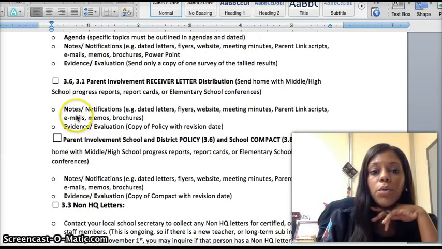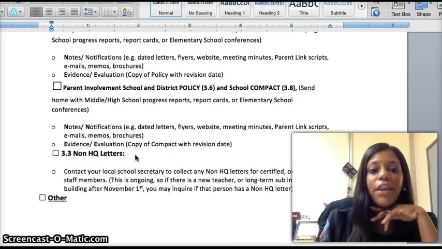Again, notes that you have or evaluations and evidence that you actually sent out those 4 documents will be the receiver letter. Also, your parent involvement school policy and the district policy will need to go into section 3-6 of your parent information binders, and your school compacts will need to be placed into 3-8.